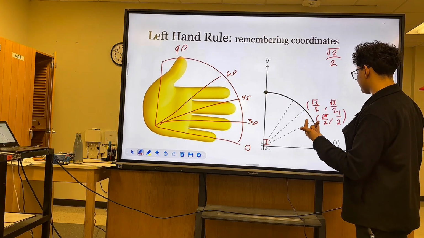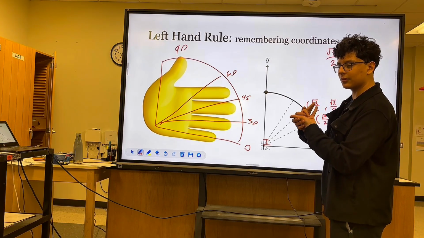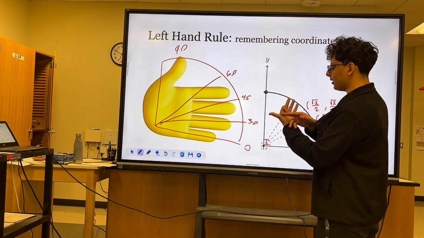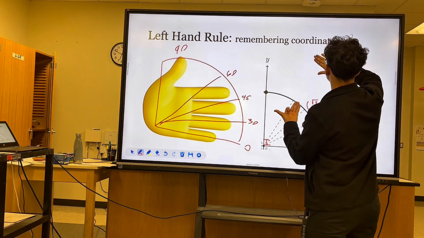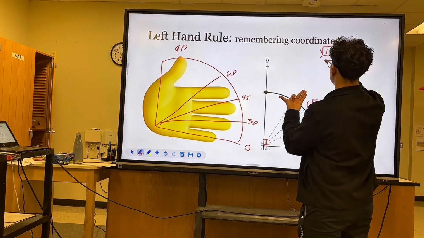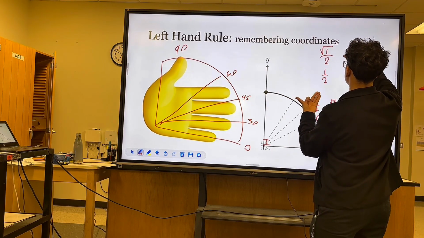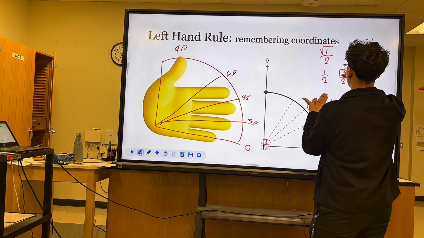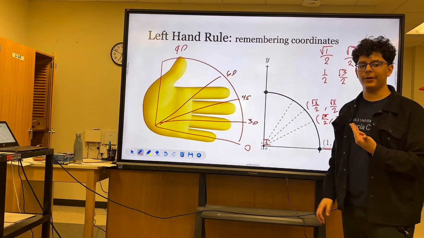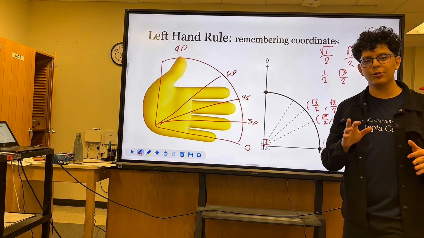All right, now we're left with 60 degrees. We have 1 finger on the left-hand side and 3 fingers on the right side. So square root of 1 divided by 2, which is 1/2, and square root of 3 divided by 2. You might notice a pattern here. It's the inverse of 30, and I'll show you why that is later.